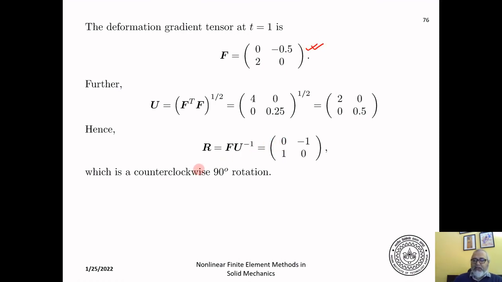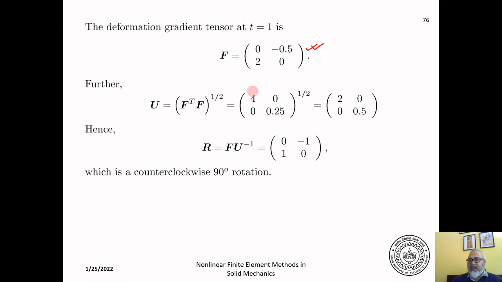And then C can be calculated from here, and when you calculate C, you get a diagonal matrix.